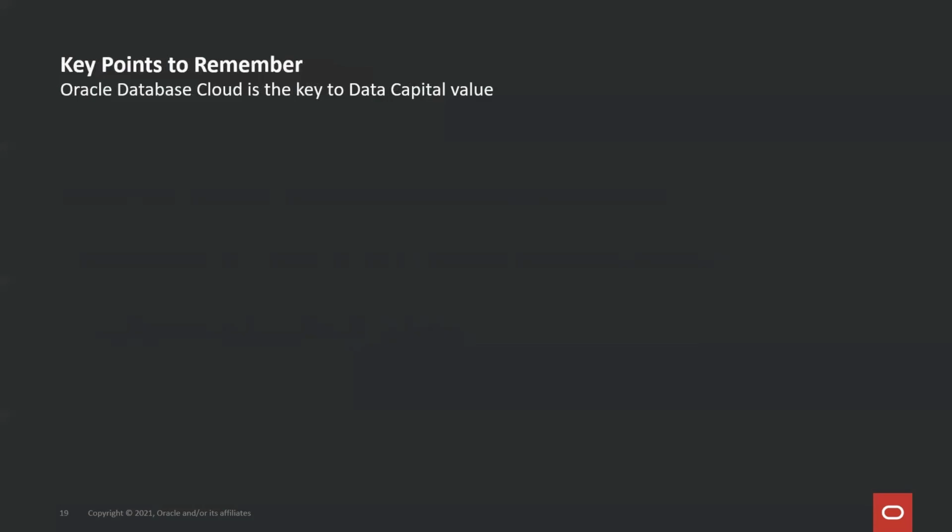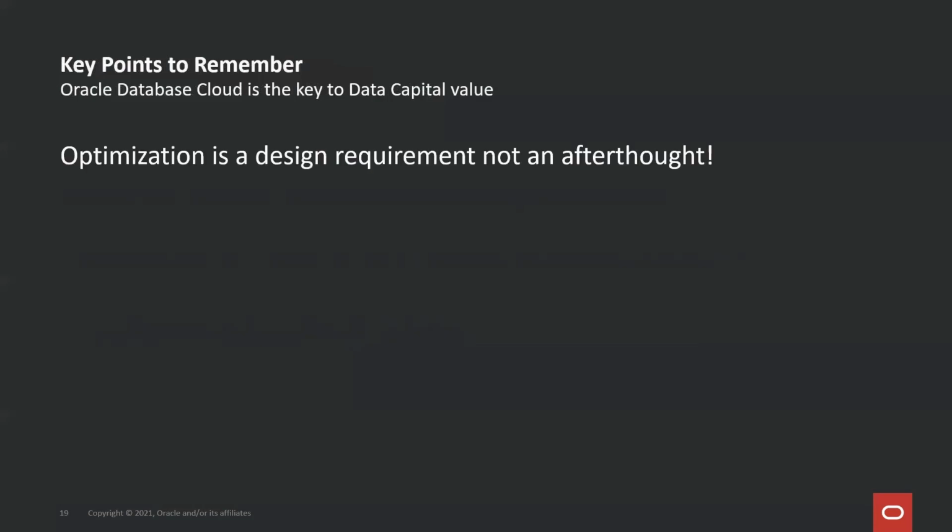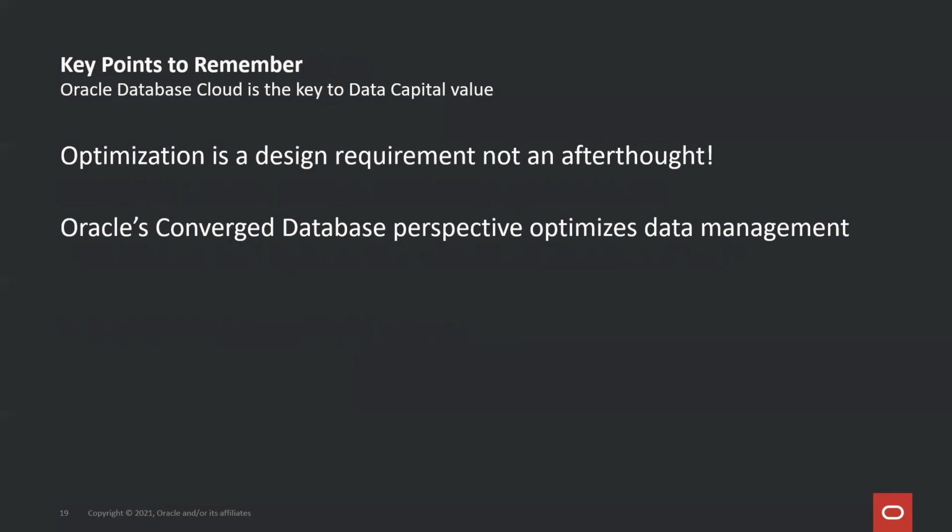So, the key takeaways from this presentation. Optimization is a design requirement and not an afterthought. To get the most value out of the efforts you put into your data-rooted initiatives, you design with long-term data optimization in mind. Oracle's converged database perspective optimizes data management activities and allows your team to focus on innovation and not integration.